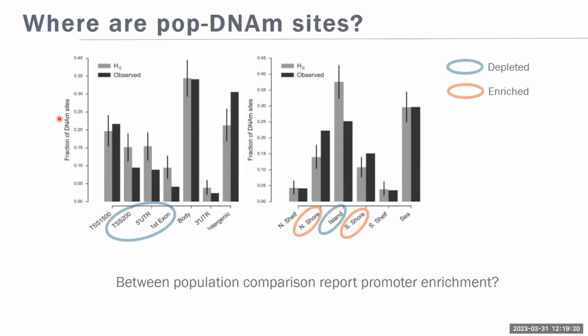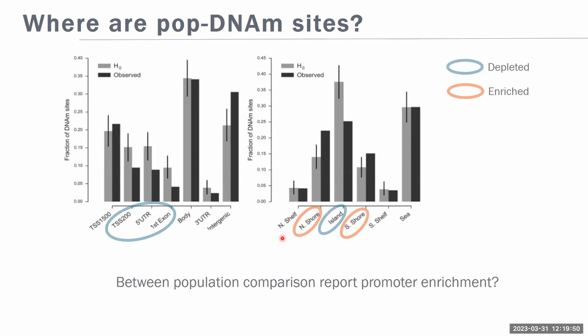Right. So where are these population DNA methylation sites that we find? Here I'm plotting in dark the observed fraction of the sites depending on their position relative to genes and relative to CpG islands. The blue categories are depleted, and the red categories are enriched for these population DNA methylation sites.